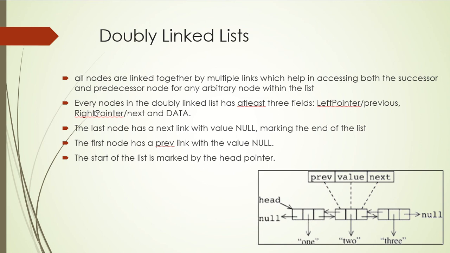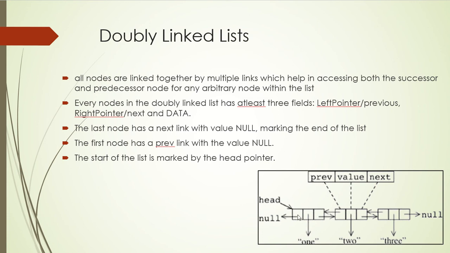The last node will have a next value of null. Similarly, the first node will have a previous value of null. As usual, the start will be marked using a header pointer, or you can even have a specific dedicated header node. So this is a pictorial representation of a doubly linked list. As you can see, this is the header.